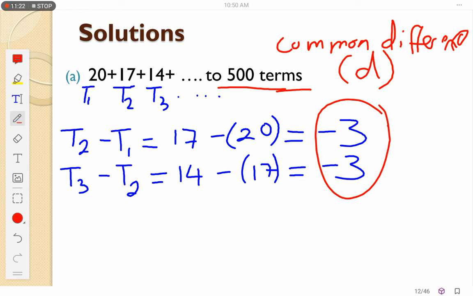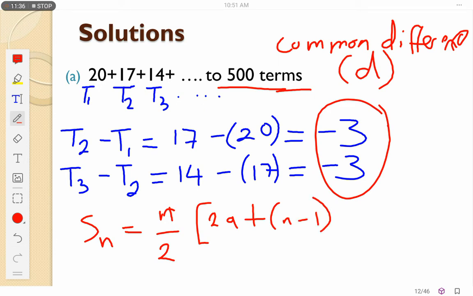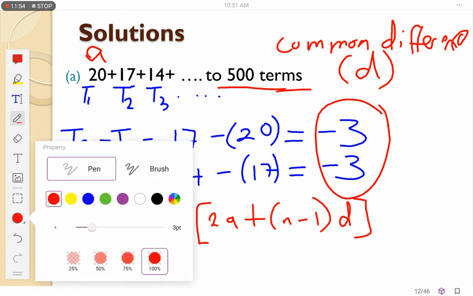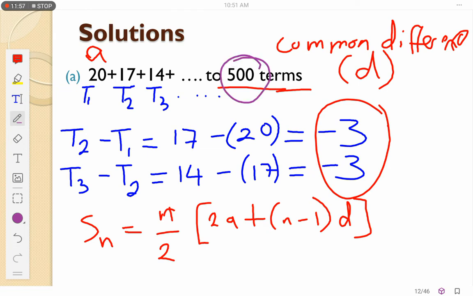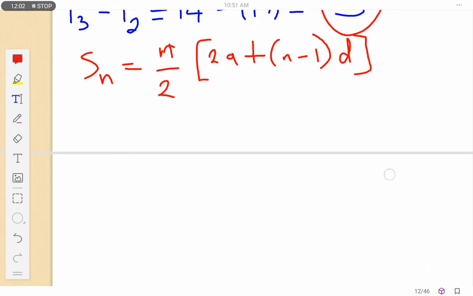So we will use this formula: Sn is equal to n over 2 times 2a plus n minus 1 times d. Minus 3 there is our d. Our a is our first term, which is 20. And our n, the number of terms, we were told is 500.